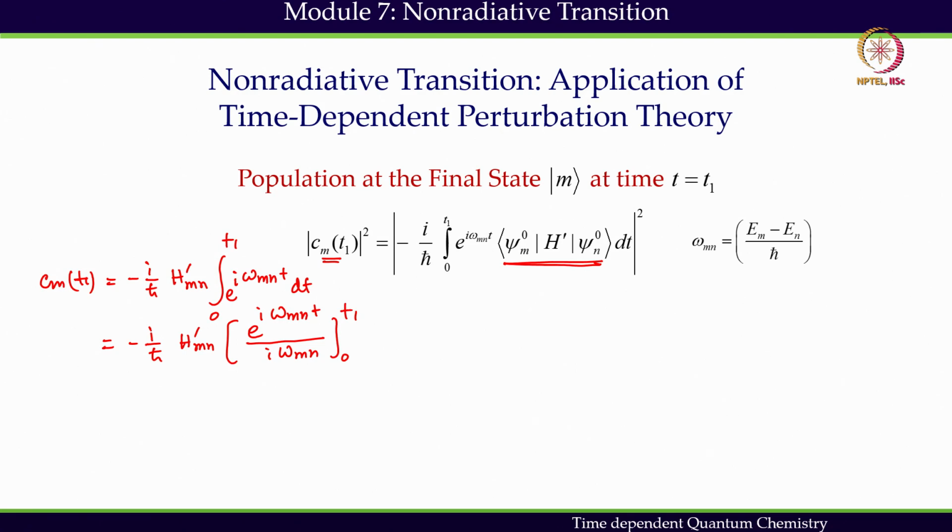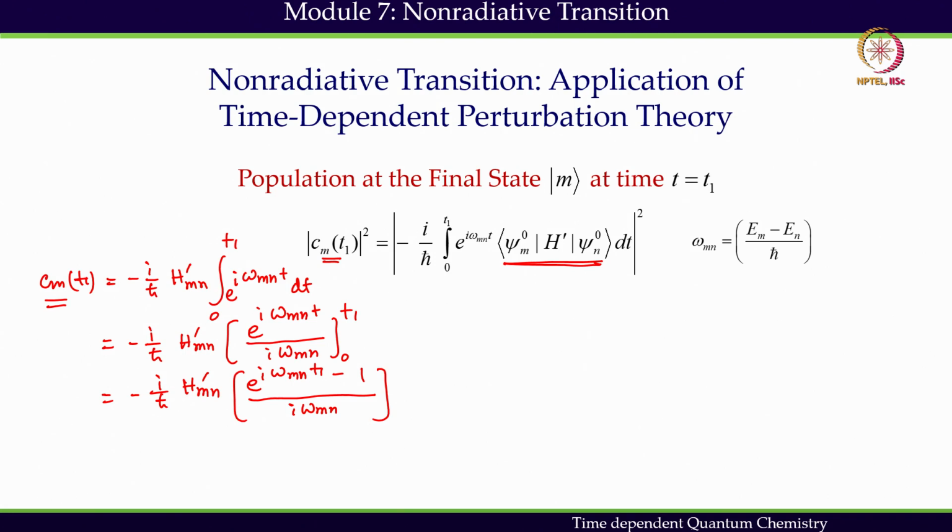Immediately after the interaction, we are trying to find out what is the Cm, because from Cm I will be able to get the population at the mth state, the final state. But this one I can write down as i by h cut, then h mn, then e to the power i omega mn t1 minus 1 divided by i omega mn, if I use the limits.